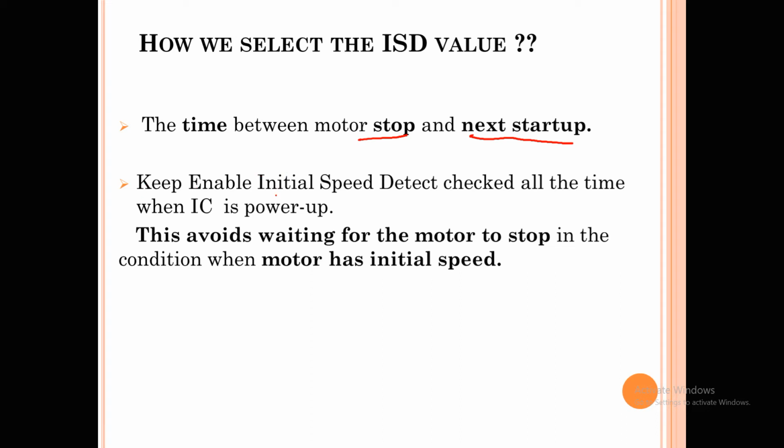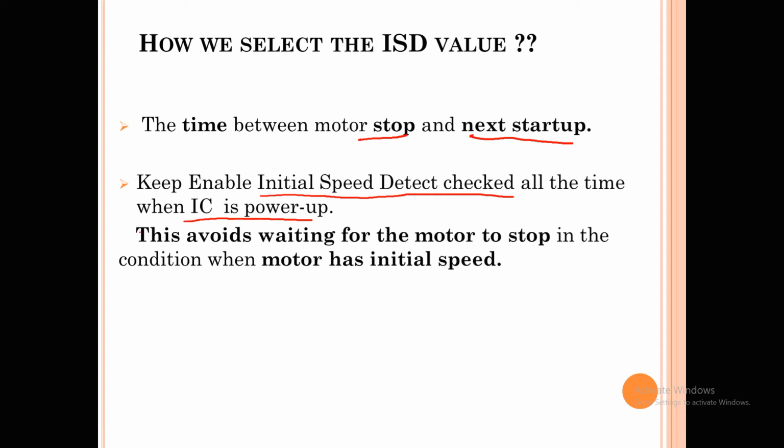Keep the initial speed detection check enabled all the time when the IC is powered up. Whenever the IC is powered up, it will always check the state. If it finds that the motor is in a stop condition, it will initiate the PSD setting, and then go for the startup setting. If it finds the motor is running, then it will always work in the startup setting section, whatever settings you have made.